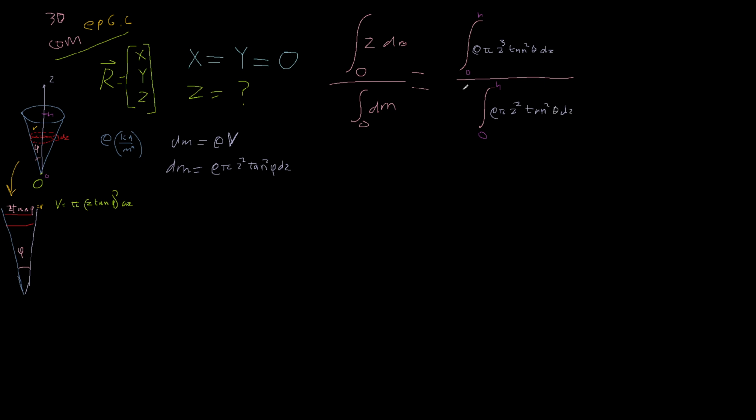So we can simplify some of these constants. The rho and pi disappear, and these tan squared terms disappear, and we will end up with our answers here.